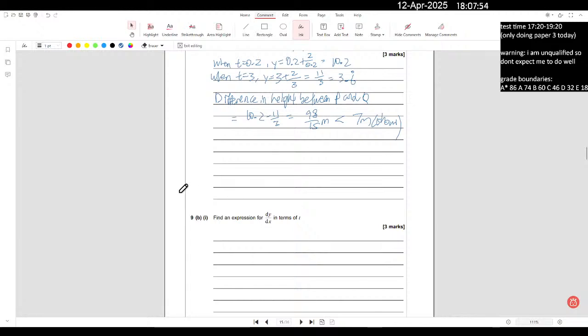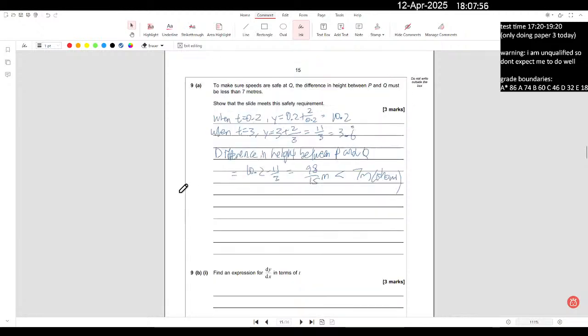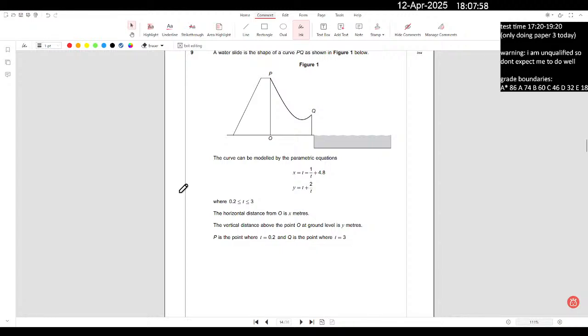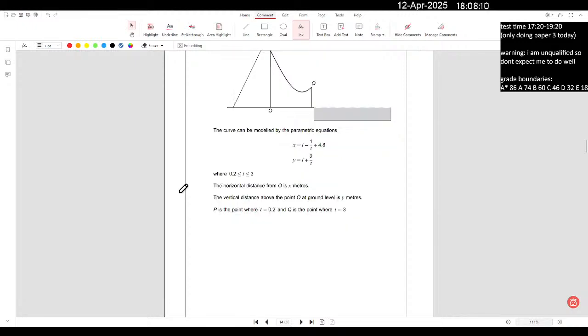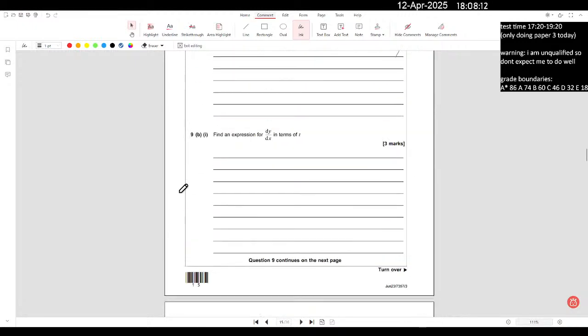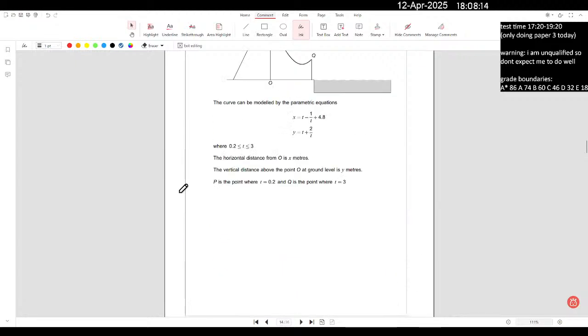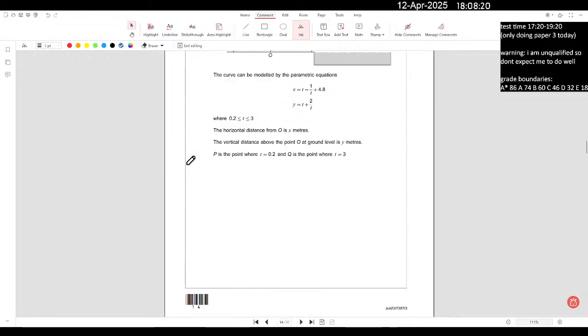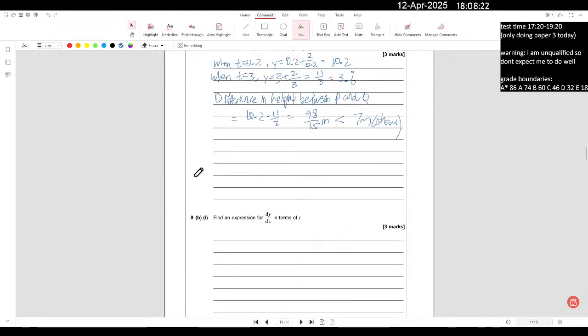Find an expression for dy over dx in terms of t. I can make dy over dt and dx over dt, and then I could try and do some cancellation, I think.